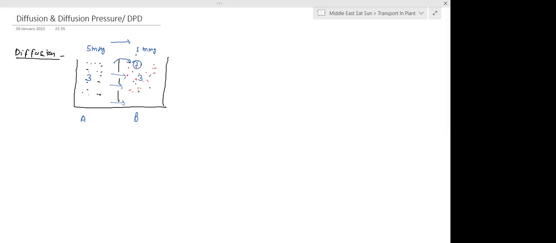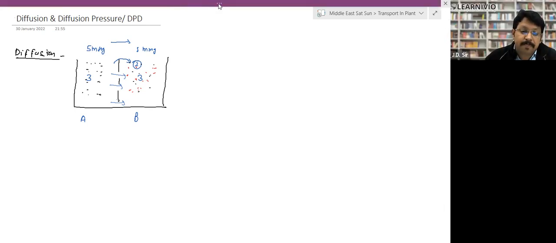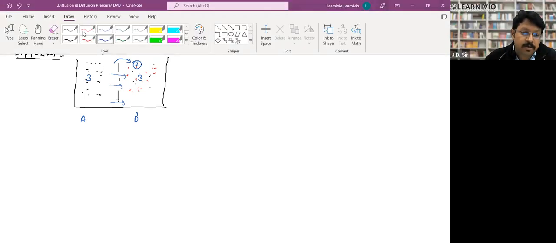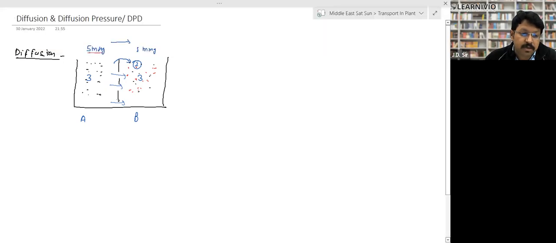So I can explain once more. Look, in this A tumbler, try to understand me. In this A tumbler, there is 5 mmHg diffusion pressure. In B tumbler, there is 1 mmHg diffusion pressure. So the molecules will start diffusing out from higher concentration to low concentration. When will the diffusion stop? The process will stop when the diffusion pressure becomes equal at both of them, right?